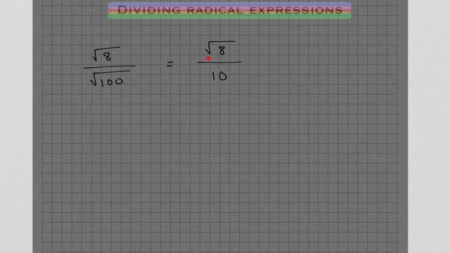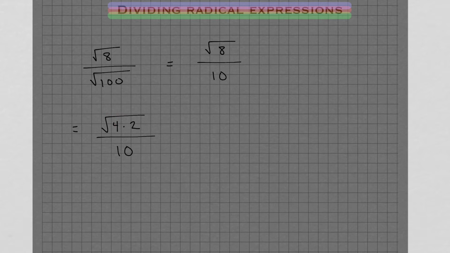Now we need to break down the square root of 8. We're going to say that equals the square root of 4 times 2 over 10. If these things are being multiplied together, this is 4 times 2, you could take out one of these.